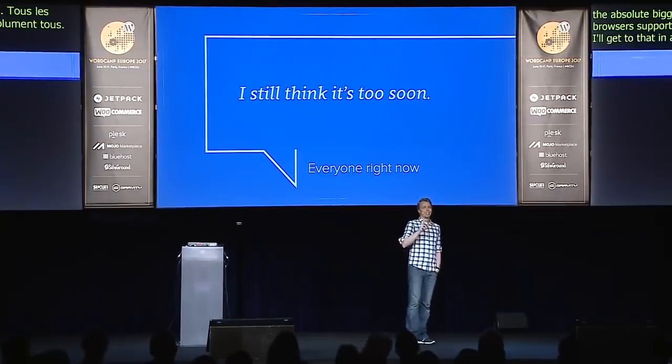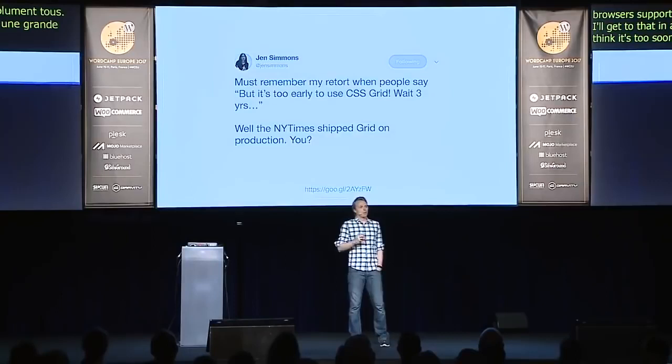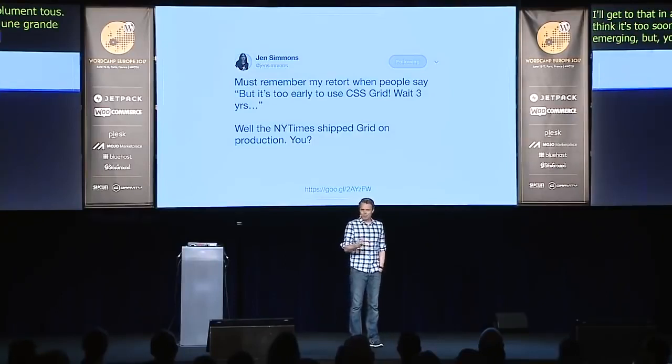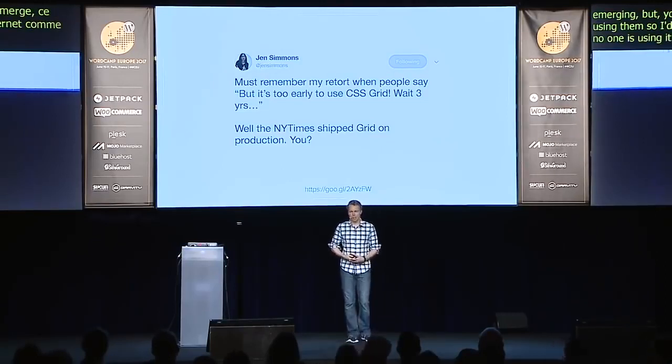Before we get to that, there's also the question of, I think it's too soon. This is emerging technology. It's not mature yet. True, it's emerging technology, but big websites like the New York Times have started using them. So I'd say any client that says we're not ready for this yet because no one is using it can be urged forward. This is something we can do today.